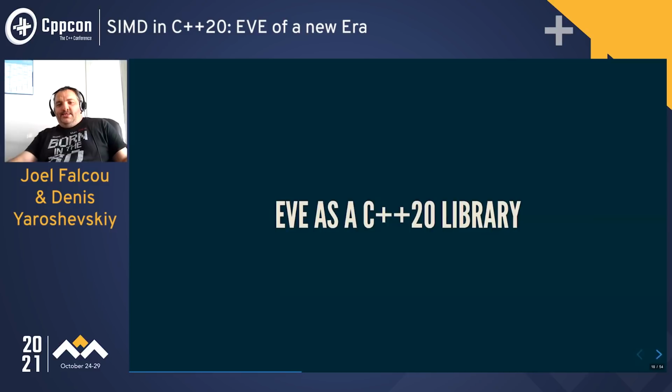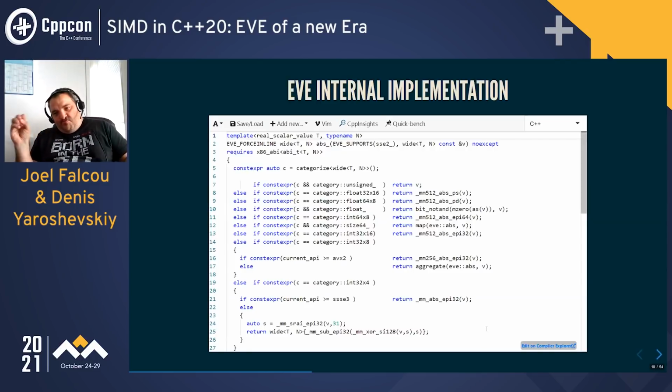So, as I said, EVE is a C++20 library. And so let's have a look at what we do. The main elements we are using from C++20 and C++17 are concepts and if constexpr. So I will just dive into the detail of one function, so we can actually have a look at that. Let's have a look at the internal implementation of the x86 absolute value function.